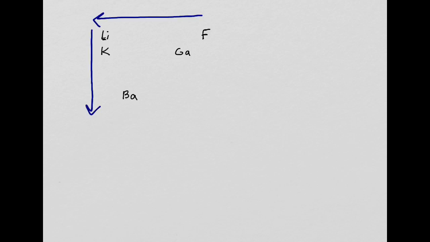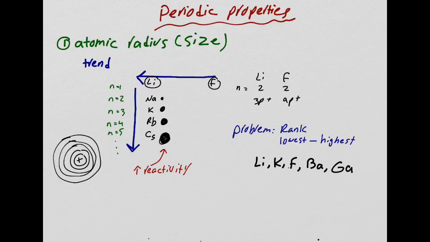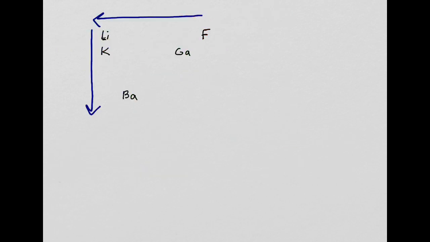Alright, now let's rank them. Don't forget, you should always look at up and down first before you look at left to right. Why is that? Because the energy level is what really matters. The higher the n value, the bigger the atom. So we have to look at up and down first, and if they're in the same row, then we look at left to right.